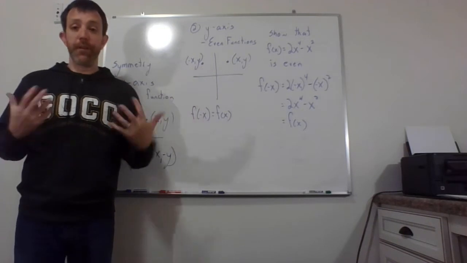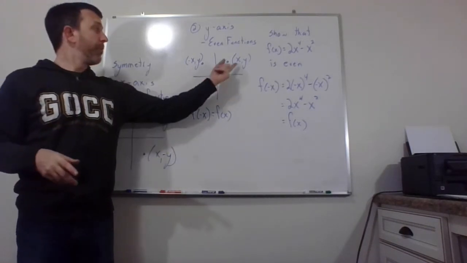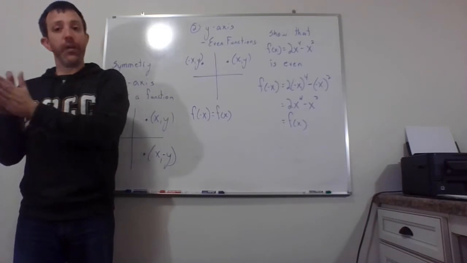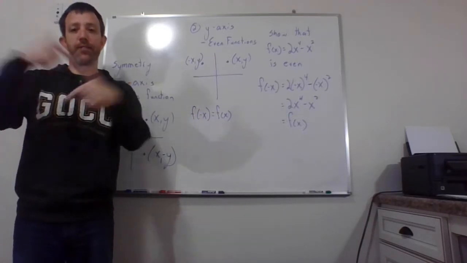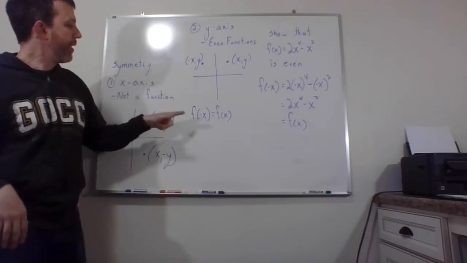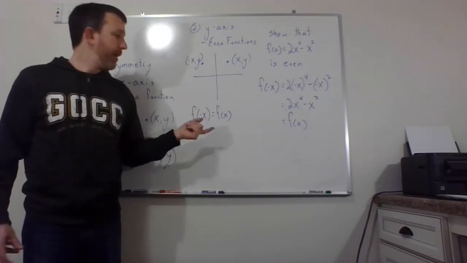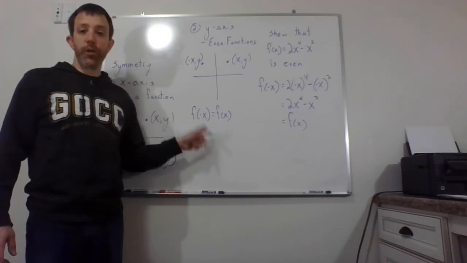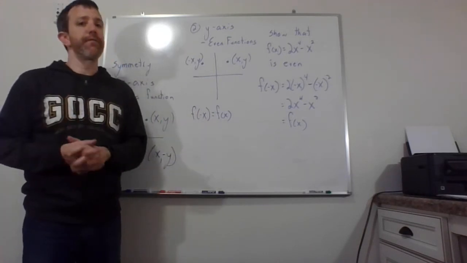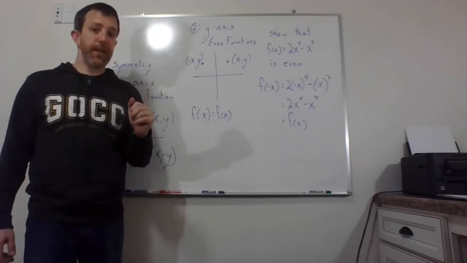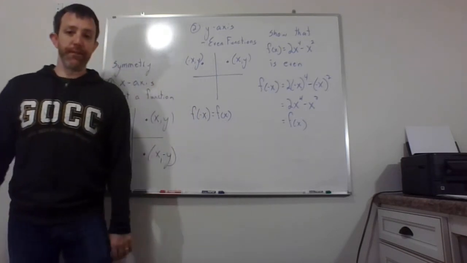This doesn't blow up the ability to have a function. We have the same y values, but that's not a problem. Remember, each input only has one output. It doesn't go back the other way. And what we say for even functions that have this kind of symmetry is that we know we have an even function if f of negative x, so if you plug in the opposite of x, is equal to f of x.